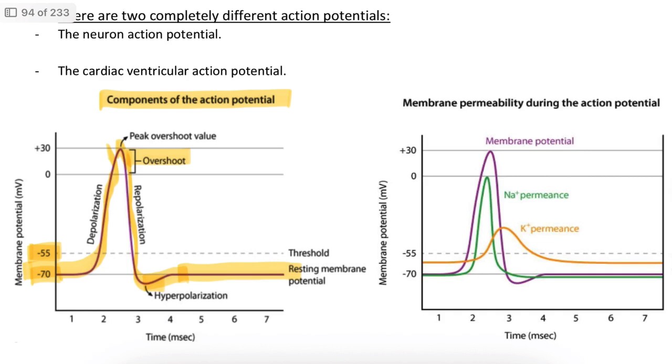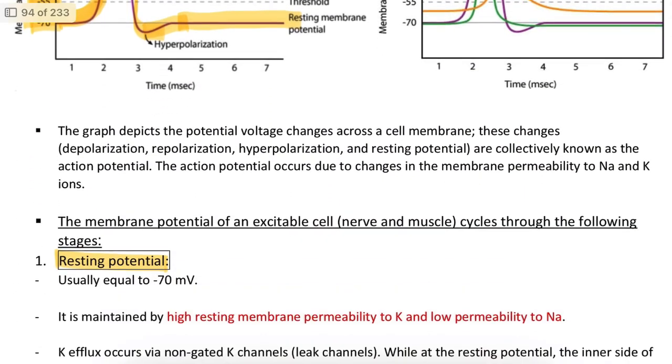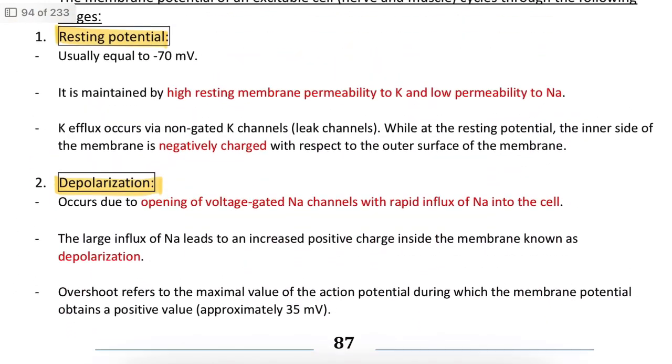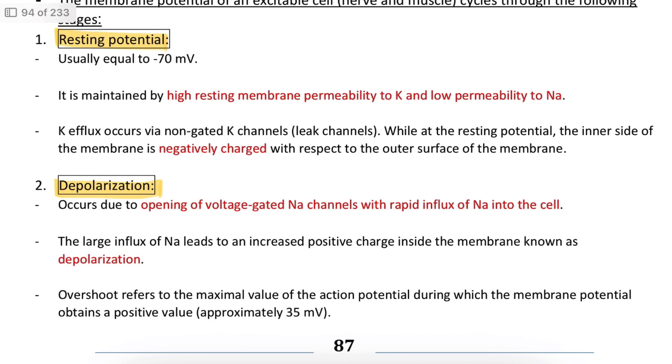Next one, depolarization. You can see this image. In depolarization, from threshold it increases straight up and stops at plus 30. We call that depolarization, also known as the upstroke. Here voltage gated sodium channels open, and a massive influx of sodium makes the membrane potential more positive.